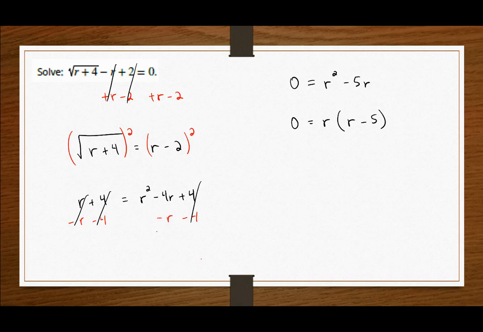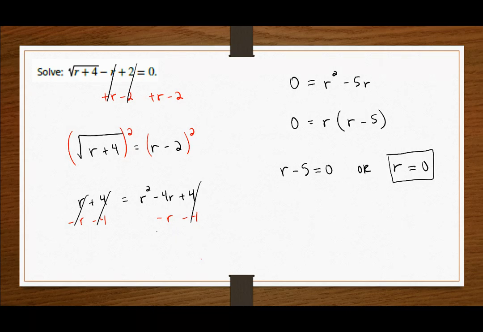We can still apply the zero product rule here and say that, well, the first expression, r, must be equal to 0, or the second factor, r minus 5, must be equal to 0. Well, immediately we get one of our solutions, which is r equals 0.